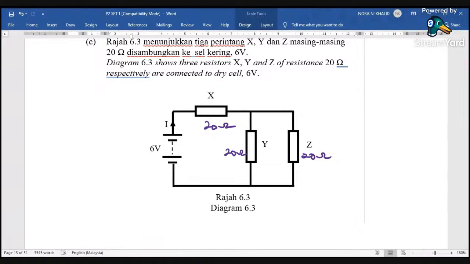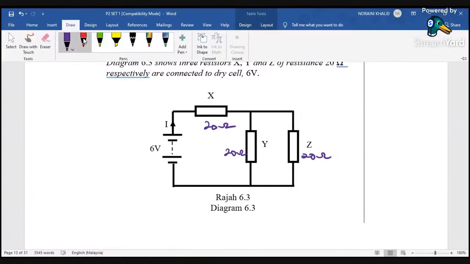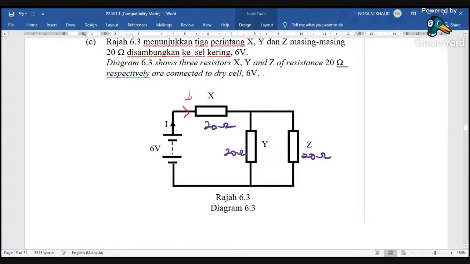Firstly, you can try to mark current in order to identify the series part and parallel part. So this is the total current flowing to X, and then when it reaches this point, you can see it splits into 2. So this one for Y, this is for Z. Because the resistances are the same, IY equals IZ, and each equals the total current divided by 2.